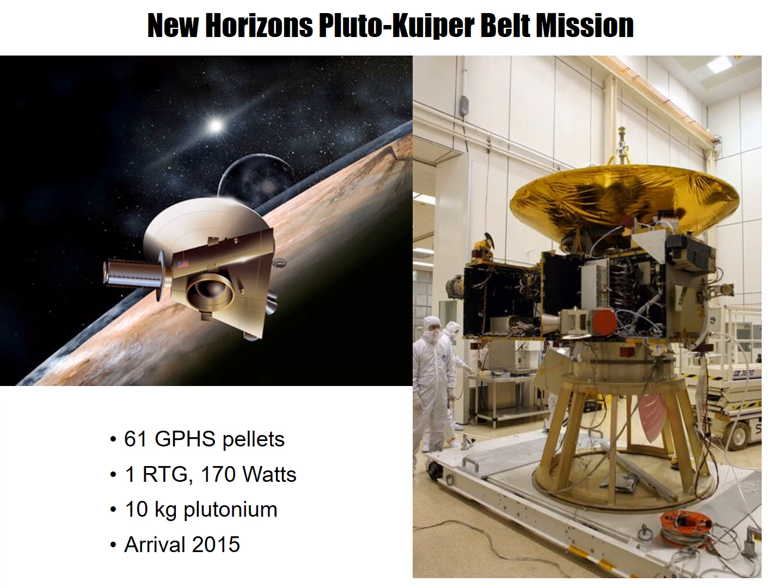Another example of a space mission that utilizes plutonium-238 is shown here, the New Horizons mission that arrived at the Pluto-Kuiper belt. It had around 10 kilograms of plutonium with 1 RTG and a number of the heat sources.